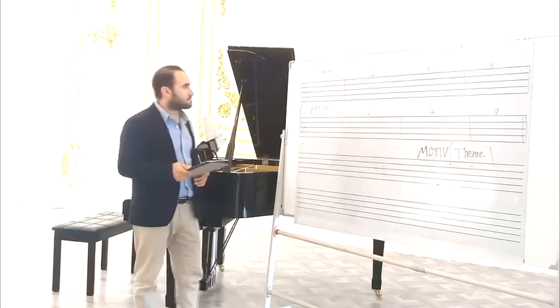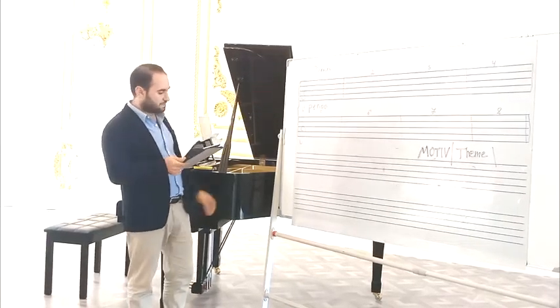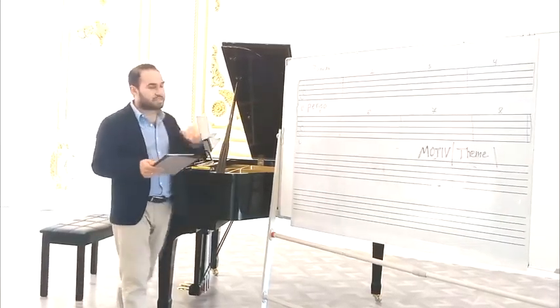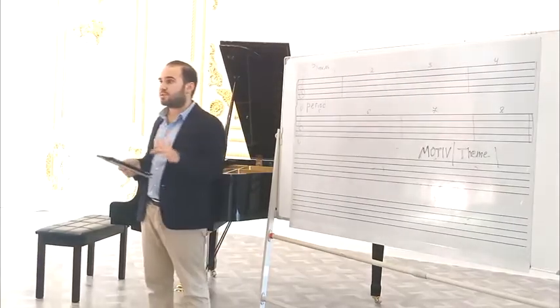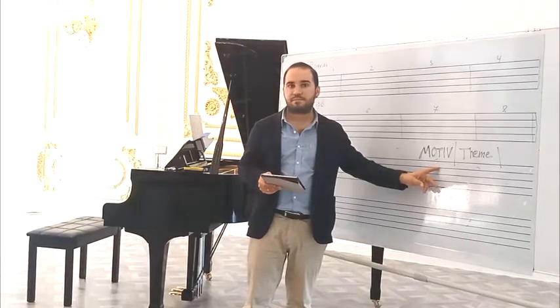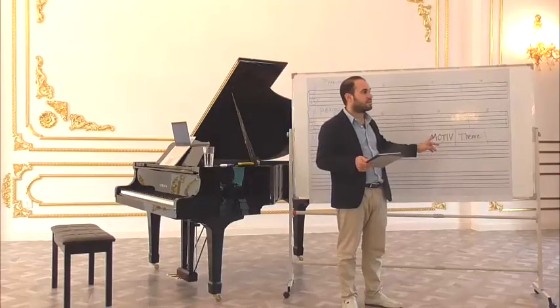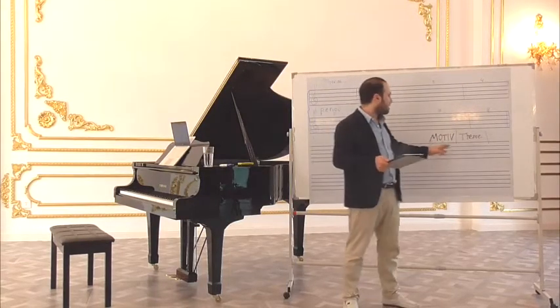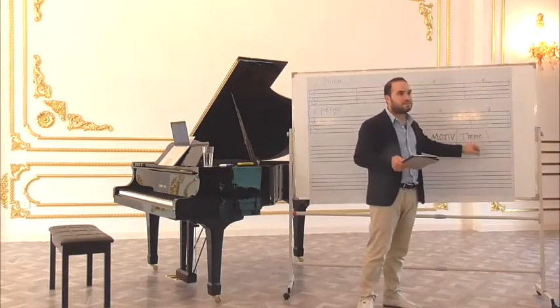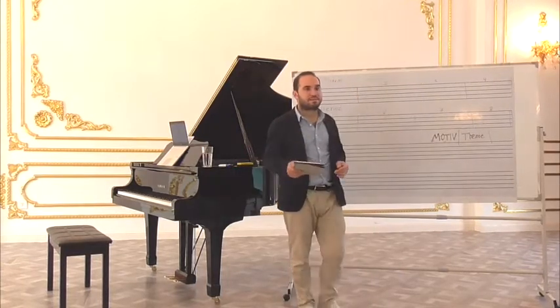And you can see there are 8 bars. And before we start, we need to learn a few terms. First one is a motive. We'll define motive as a short rhythmic idea. And also theme. We will define a theme as a long melody.